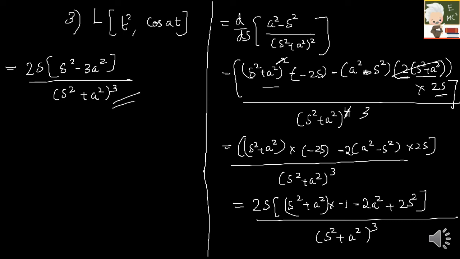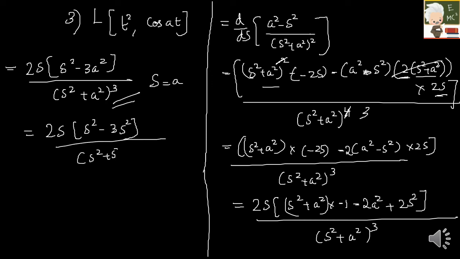There might be some conditions given in your exams, like find what if s is equal to a. So do try this question, what if s is equal to a. Then this would be 2s into s square minus 3s square divided by s square plus s square the whole cube, which would be 2s into minus 2s square divided by 2s square the whole cube.